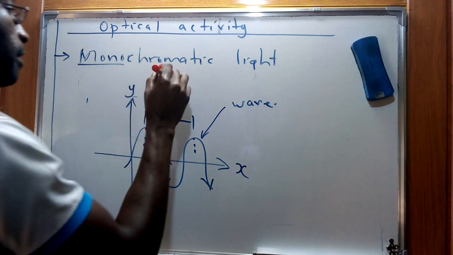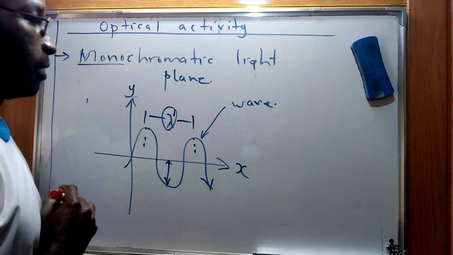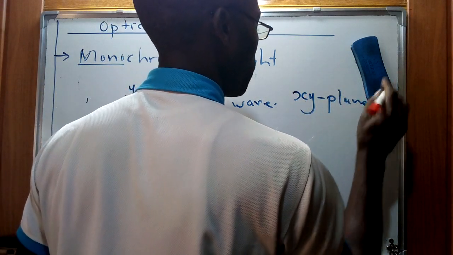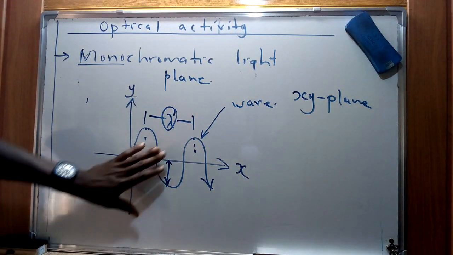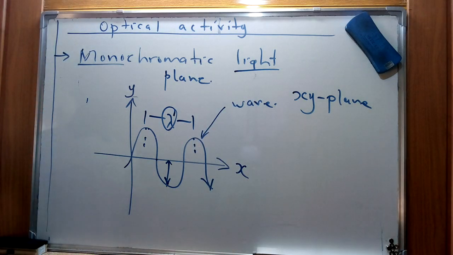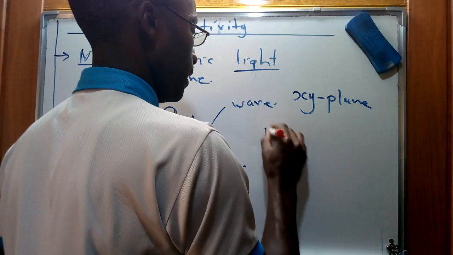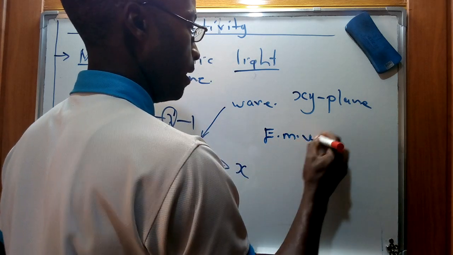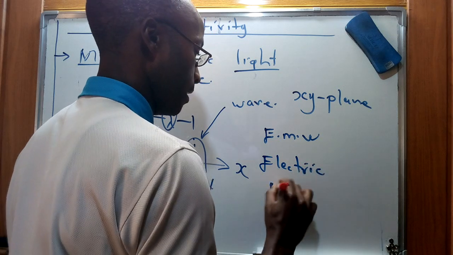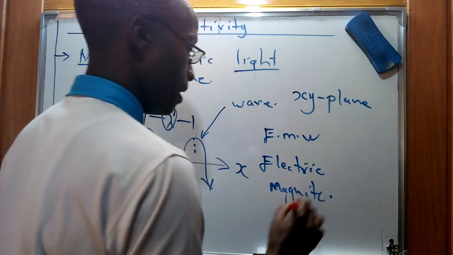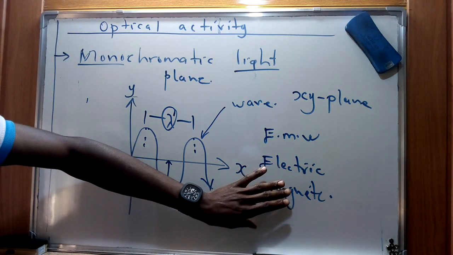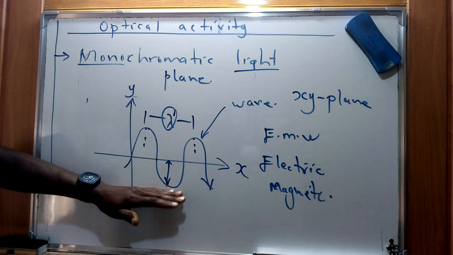Now, this is trying to give us an aspect of a plane, and this plane we can describe as an xy plane that we have already discussed in some topics in physics and mathematics. So in essence, one of the characteristics of an electromagnetic wave like light is that it consists of an electric and a magnetic wave which are interacting together, and they move orthogonally, at right angles, insofar as these planes are concerned.